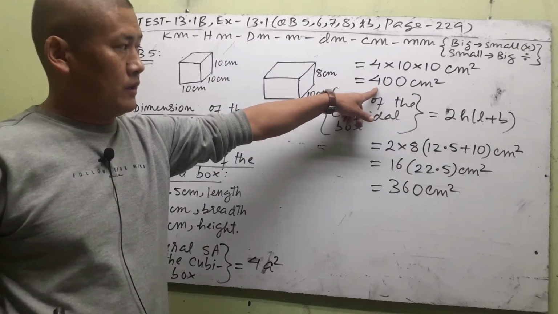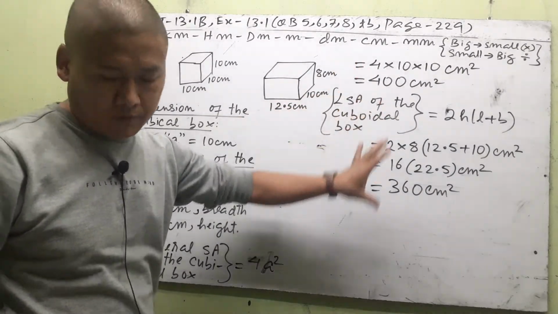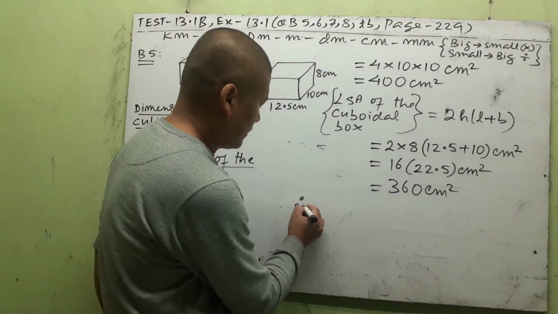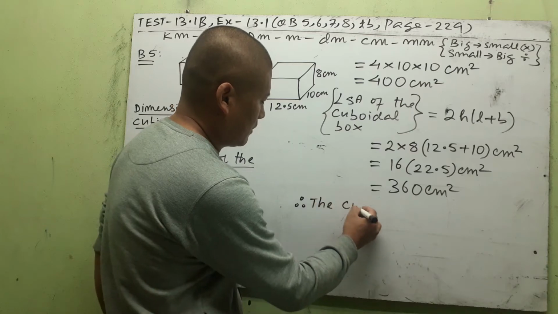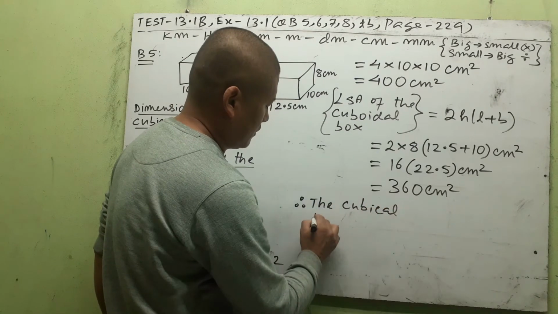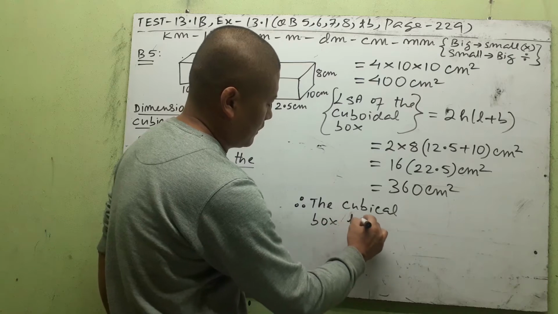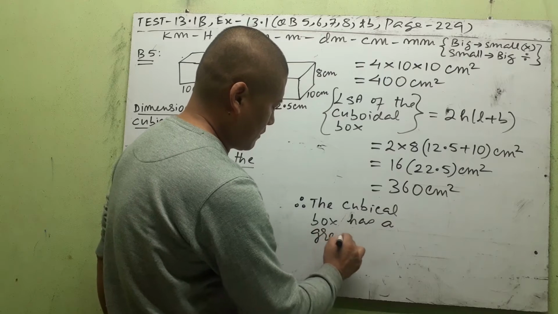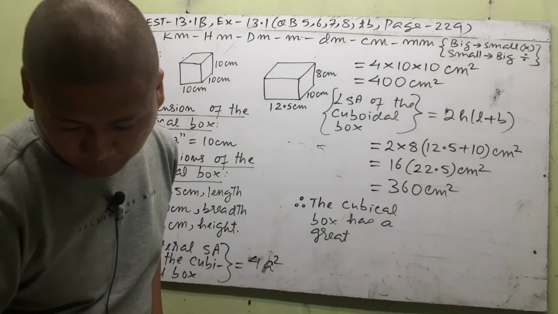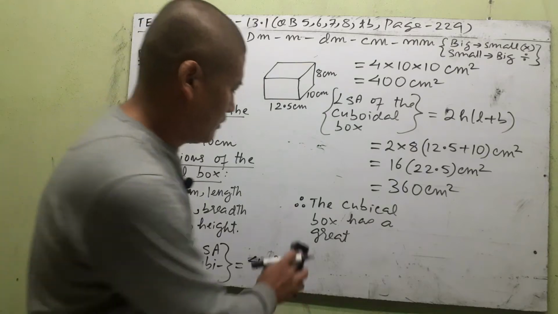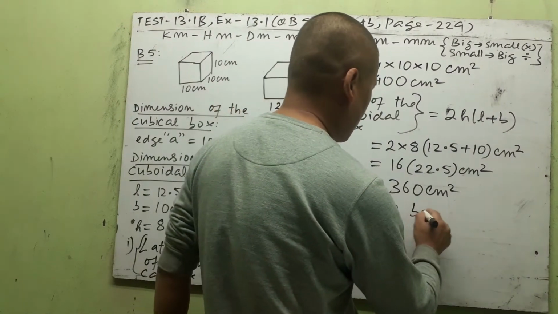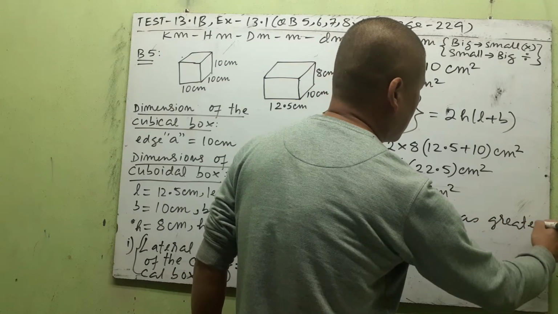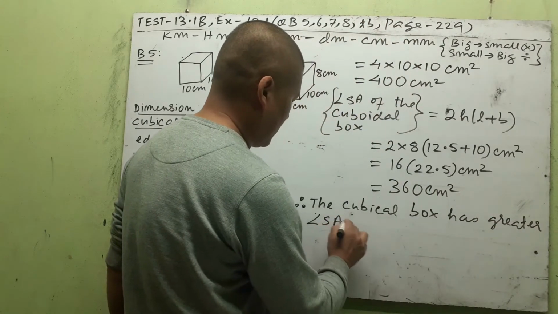So clearly the cubical box has greater lateral surface area. Question is saying which has greater lateral surface area. So our answer is, let's just write in statement form: the cubical box has greater lateral surface area.